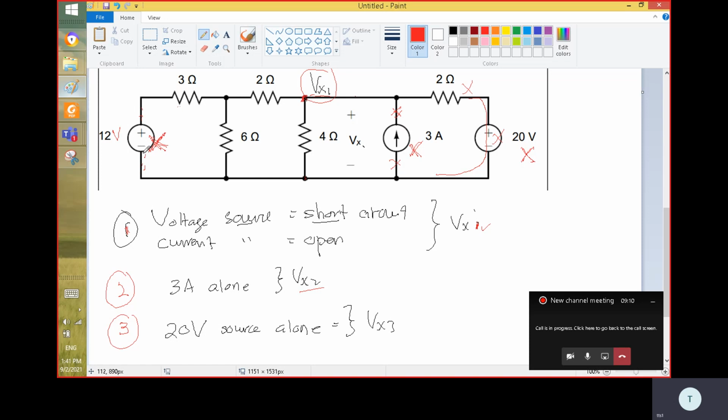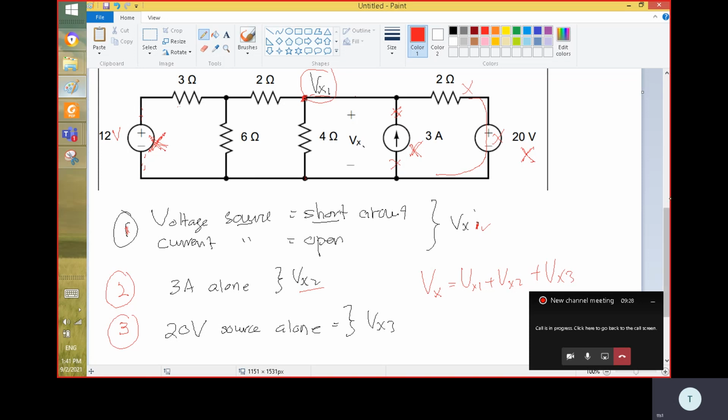Then you find the third Vx, we call it Vx3. So at the last step here, Vx is equal to Vx1 plus Vx2 plus Vx3.